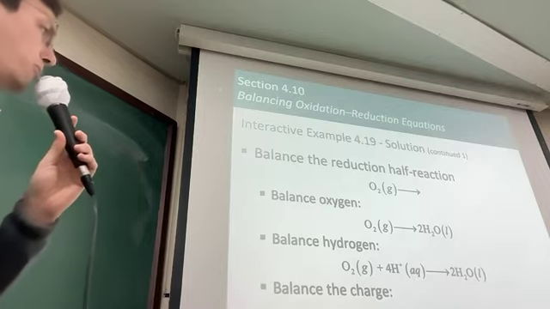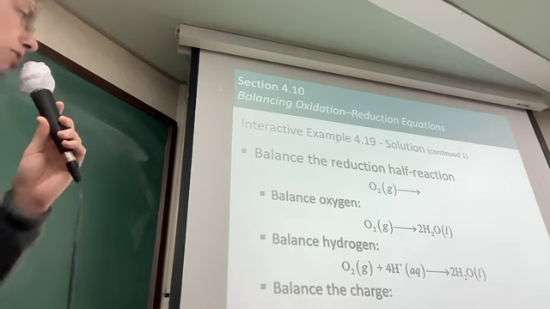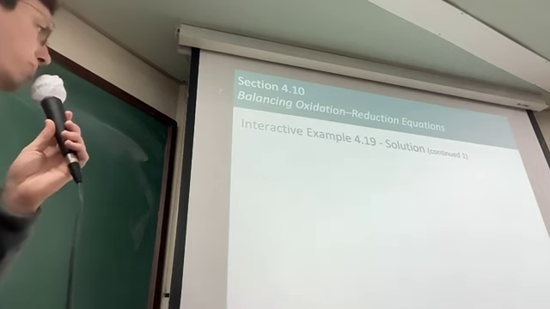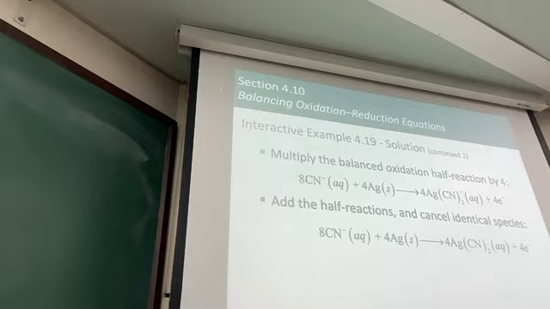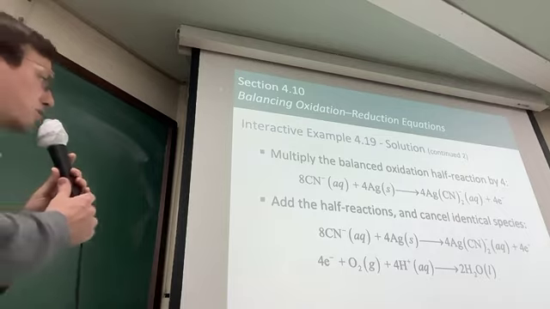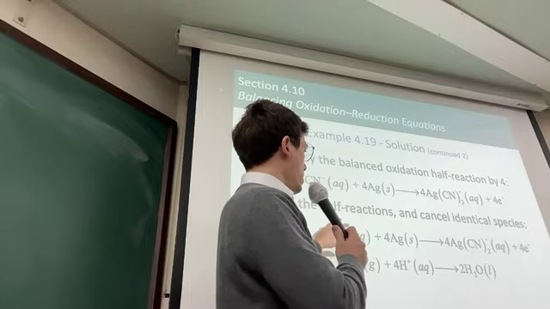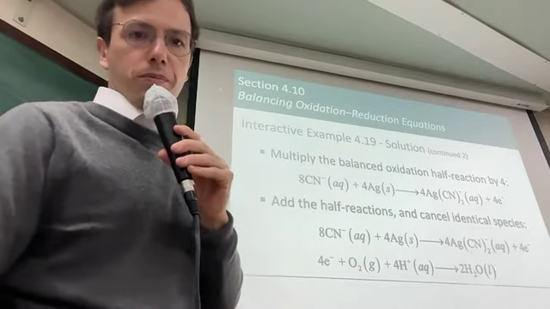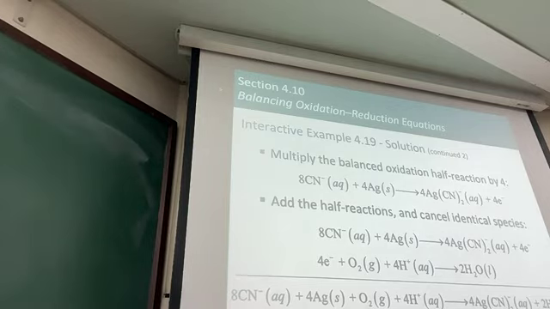So ultimately you reduce oxygen to water from oxidation state 0 to -2. And then you multiply this equation so that you have the same number of electrons. Now you have 4 electrons in both equations. You add them up together and you get the final chemical equation for the reaction.